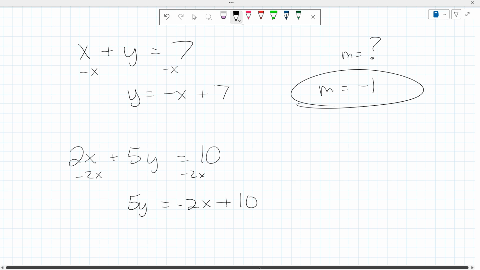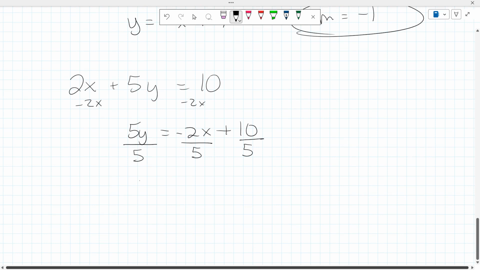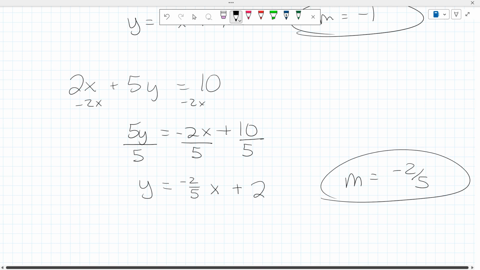It's 5 times y, so to get y alone, we divide by 5. We divide every number by 5. So y equals negative 2/5 x plus 10 divided by 5 is 2. What is my slope here? Negative 2/5. If you get y by itself, you can find the slope.